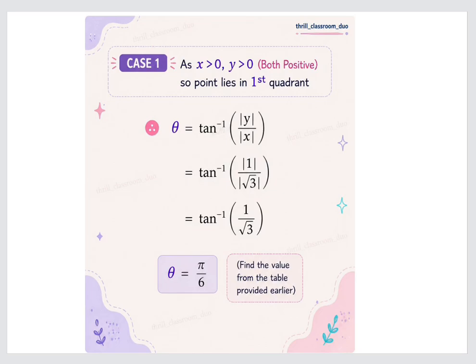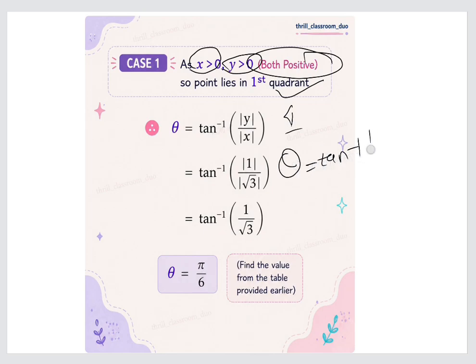Now we have to find the value of theta. As we know that x is greater than 0 and y is also greater than 0, which means both are positive, the point lies in the first quadrant. And we know that in the first quadrant, the formula of theta is tan inverse mod y upon x mod, which means mod of 1 is 1, mod of root 3 is root 3.